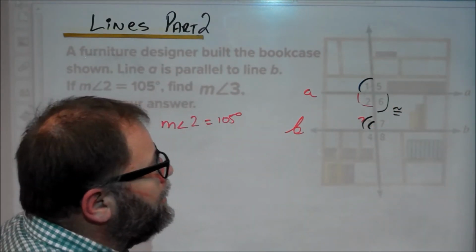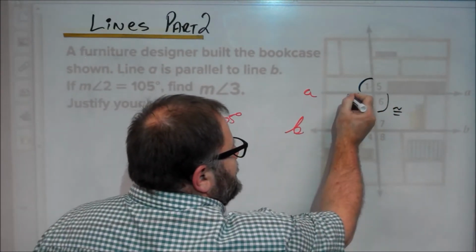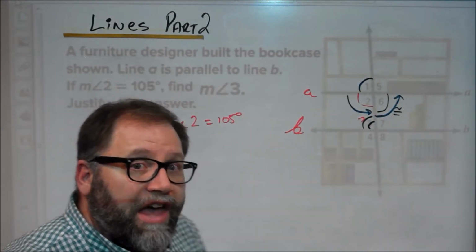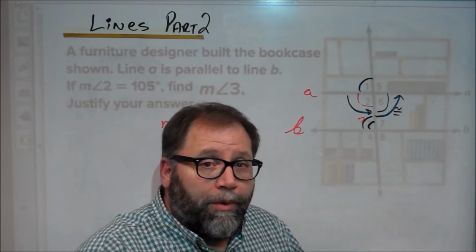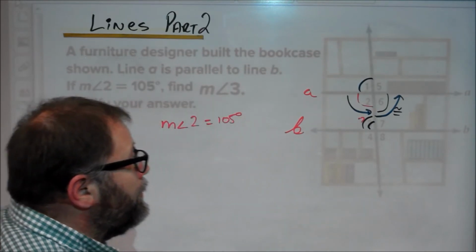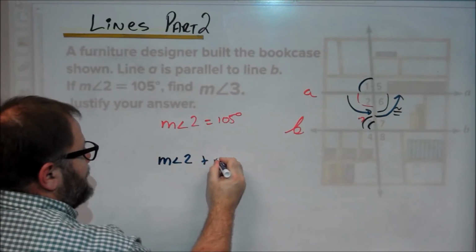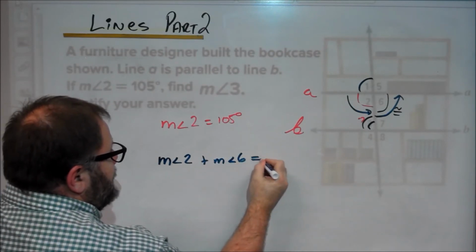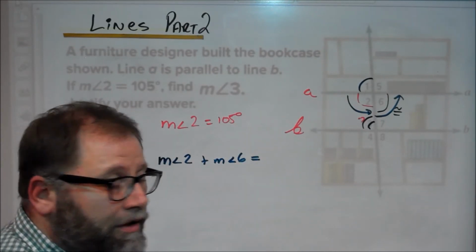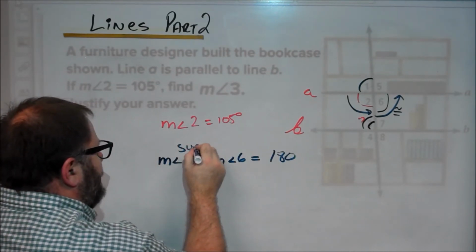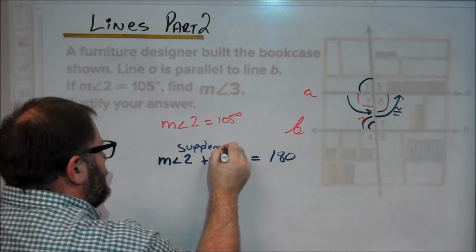When I look at 2 and 6, I have an angle that goes to here and an angle that goes to here. They have a relationship. They're both connected to that straight line, which means that the measure of angle 2 plus the measure of angle 6 must be 180 degrees because they are supplemental angles.